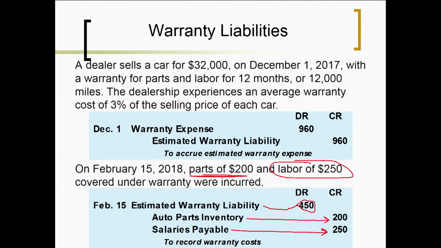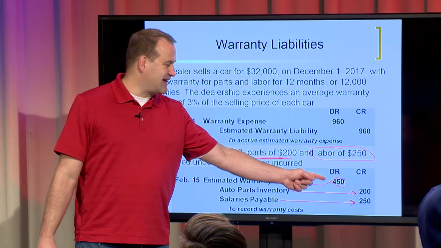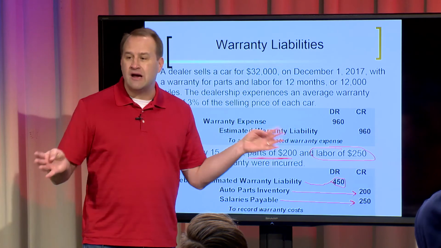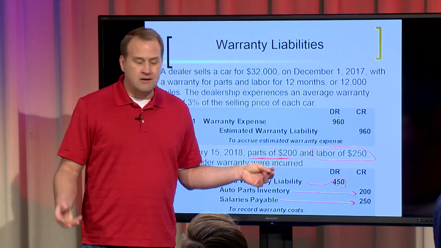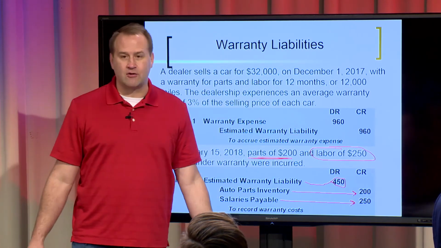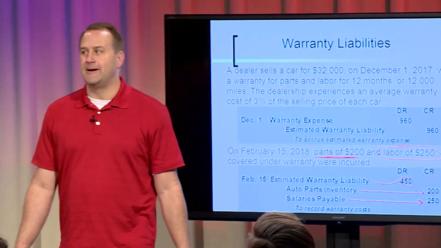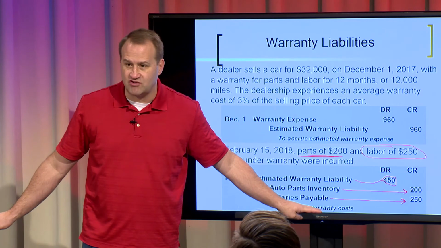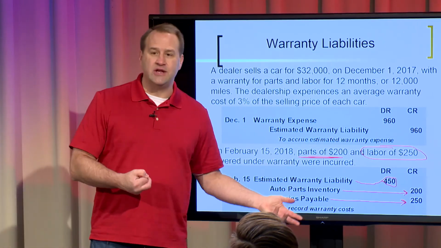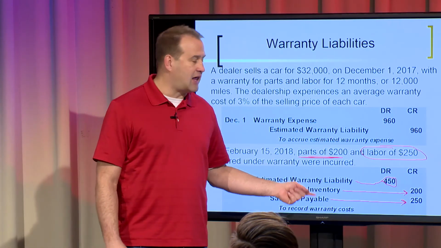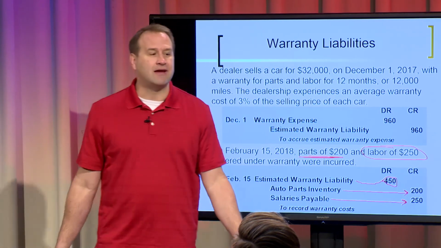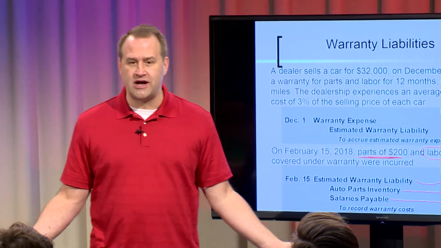Now, should we expect that 450 to be the same as the 960? No. Okay? This is 3% in aggregate. There'll be some people who never use their warranties, right? And then there'll be other people who need warranty work done, and it's probably a lot more than the 3% of their sales price, correct? This is just like home insurance, right?